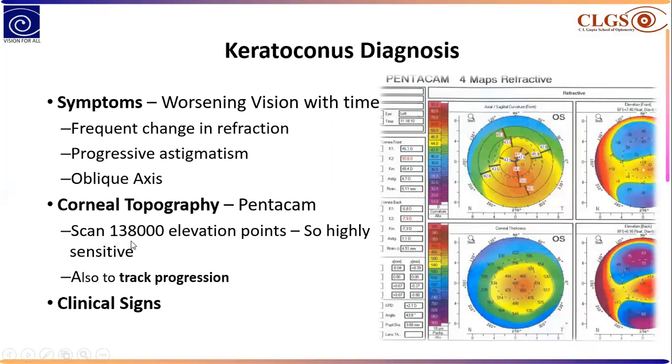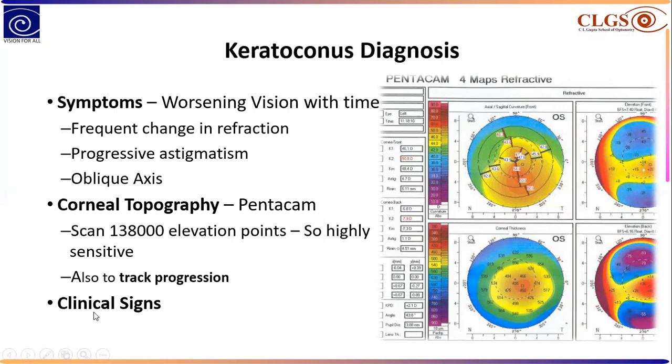Pentacam scans about 1,38,000 points of the corneal surface, and that's how it is a highly sensitive tool to diagnose keratoconus even in the very early stage of the disease. Even subclinical keratoconus we can diagnose with the help of Pentacam. Subclinical means keratoconus which is still not manifested, and we also use it to track progression.